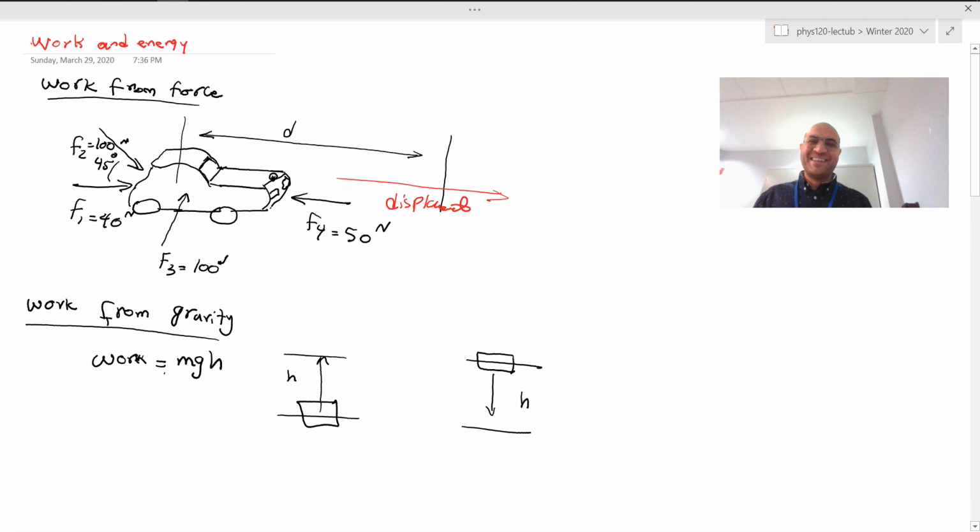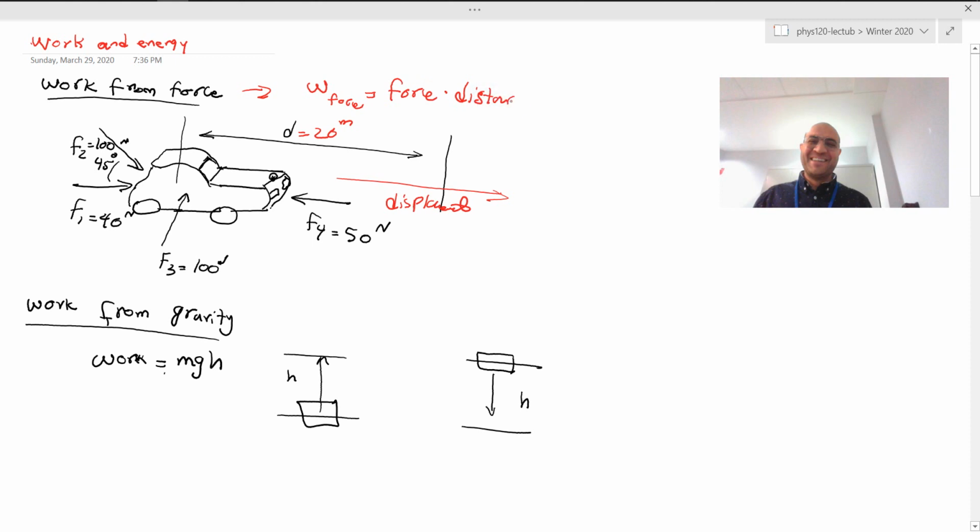Now, I want to calculate this for every one of those. We already know that work is equal to force times distance, or force times displacement. In this example, I have a displacement of 20 meters, and I want to find the work from forces F1, F2, F3, and F4. By default, work from a force is equal to force times distance.